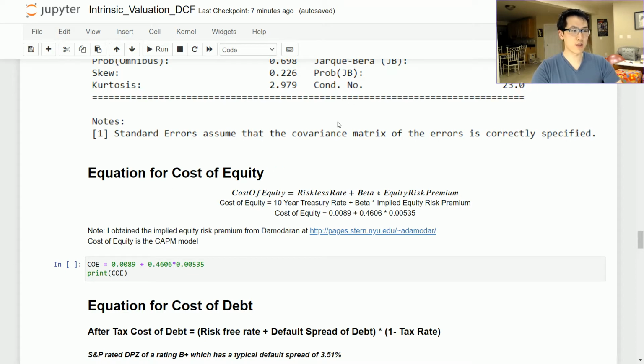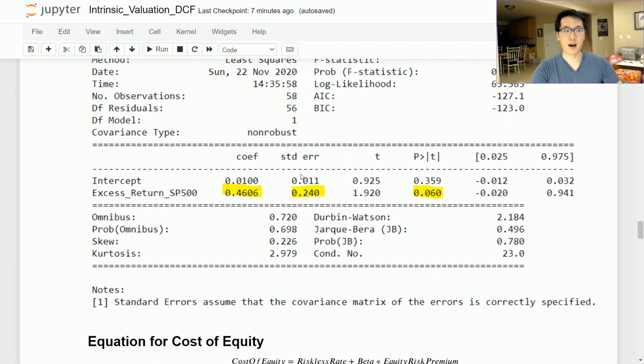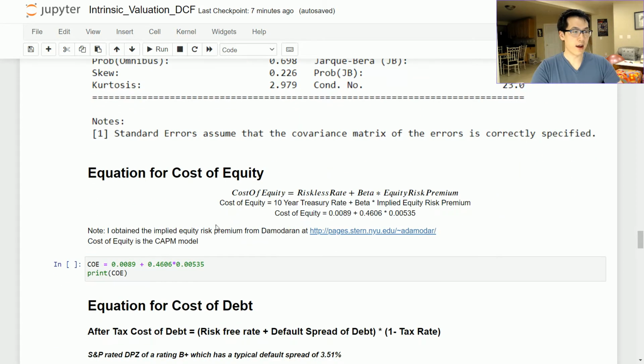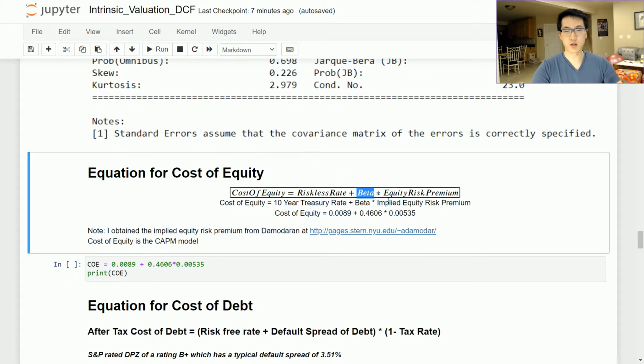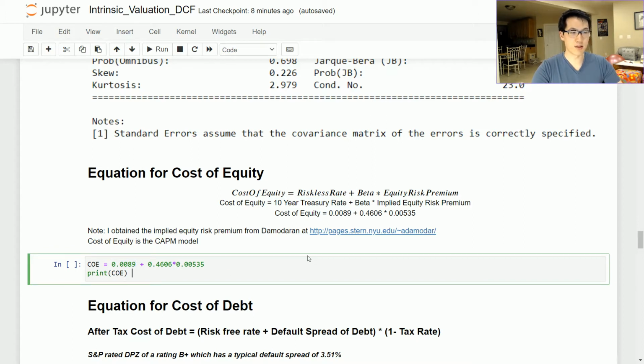So using these terms that I calculated for the expected return, I will utilize the beta term over here, just utilizing the CAPM formula, and I will be replacing the riskless rate, which is essentially just like a T rate. I just used a 10-year rate, which was like 0.0089 or 0.89%.